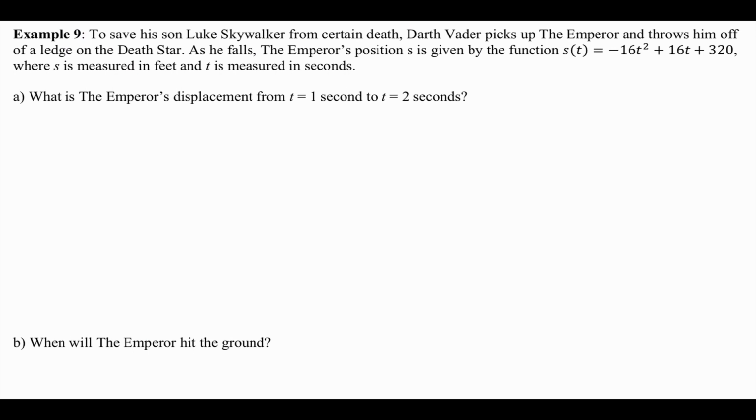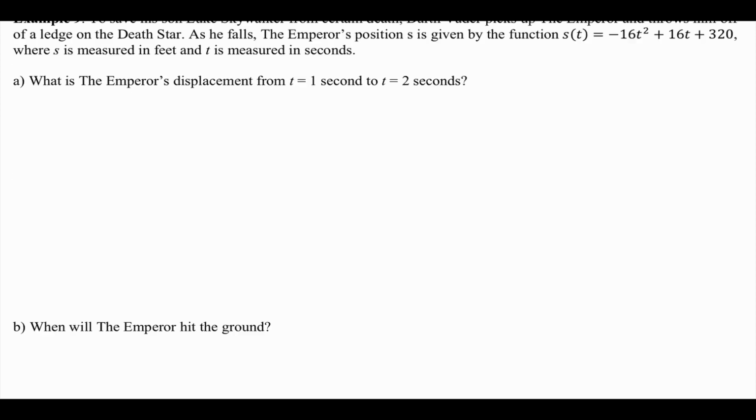To save his son Luke Skywalker from certain death, Darth Vader picks up the Emperor and throws him off a ledge onto the Death Star. Okay? As he falls, the Emperor's position S is given by the function S of t, where S is measured in feet and t is measured in seconds. Okay, so we're given the original, right?